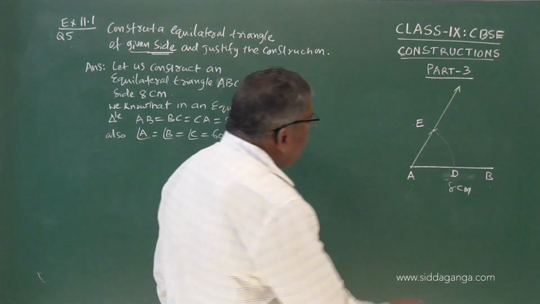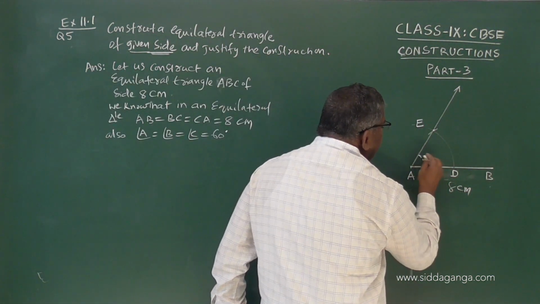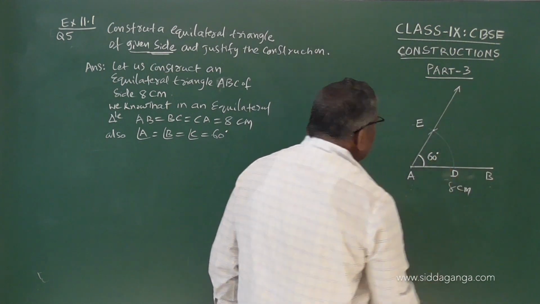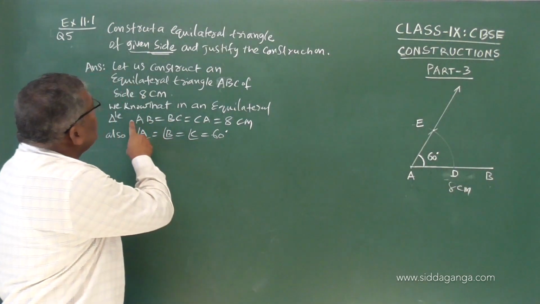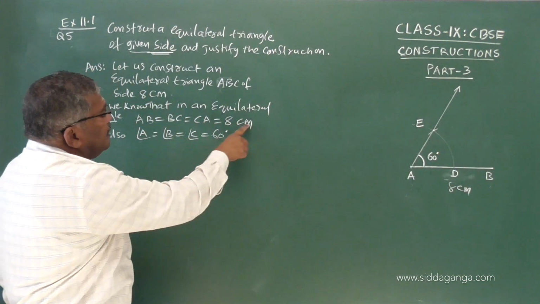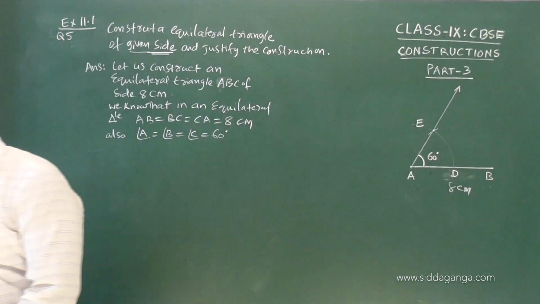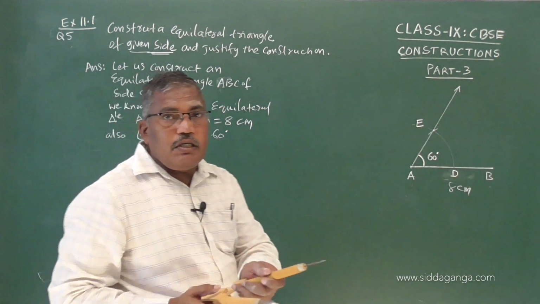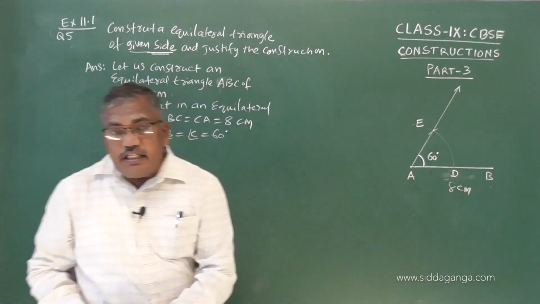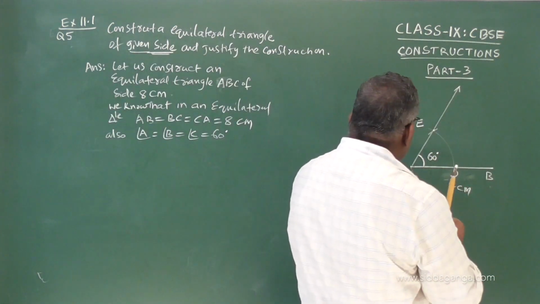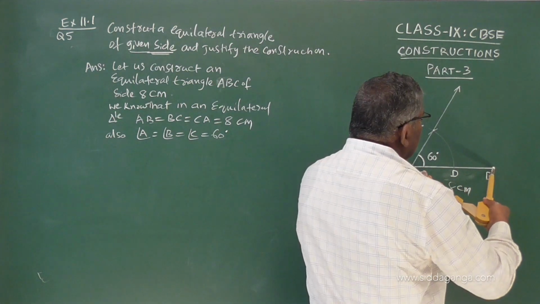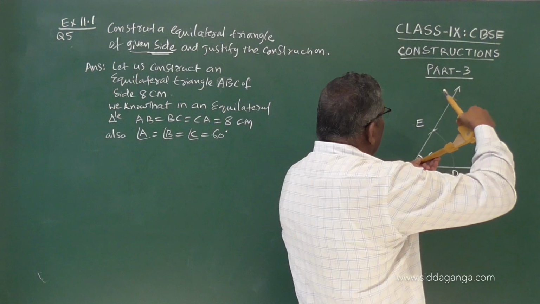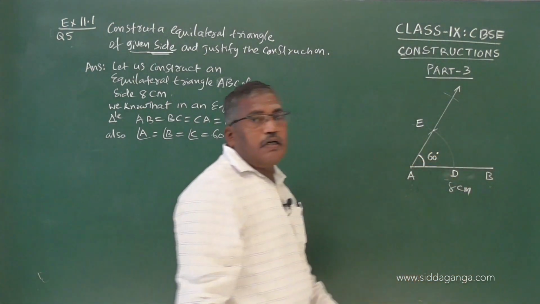Now, see, this angle is 60 degrees. We have to construct an equilateral triangle with 8 centimeter radius. So, using a compass, you take 8 centimeter radius, that is same as AB, and with A as center, you cut this arc.